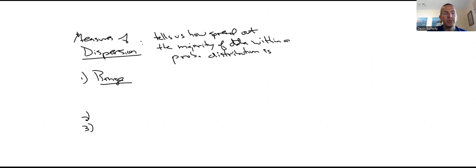I put two and three down here because they are very related to one another. In fact, one is simply the square root of the other. Those two are the variance and the standard deviation.